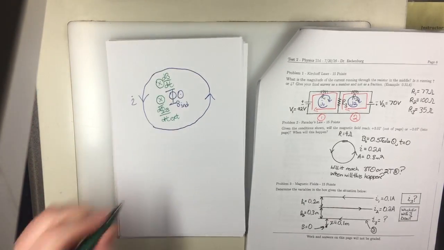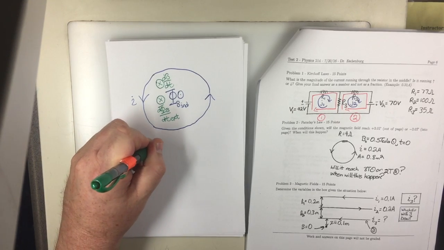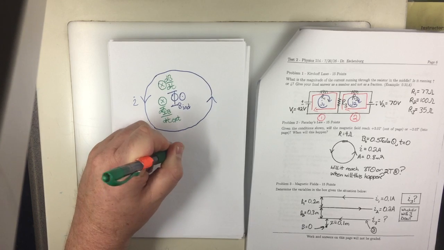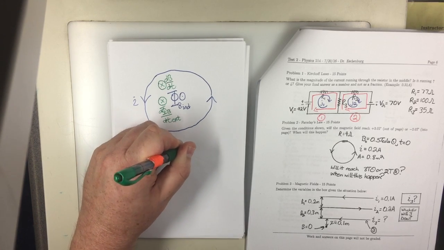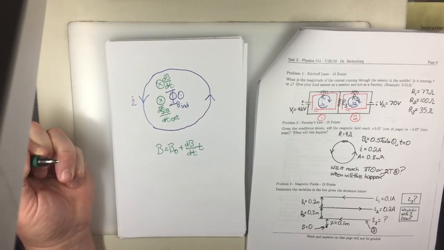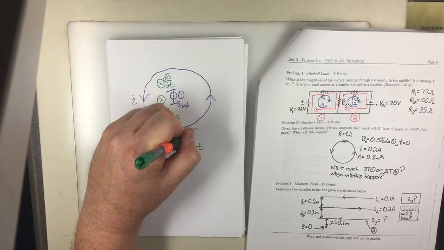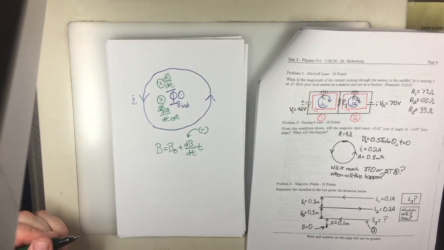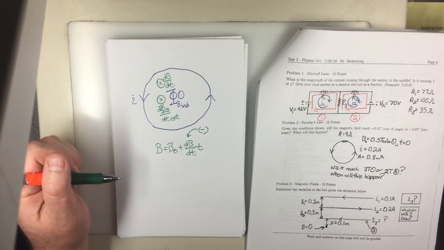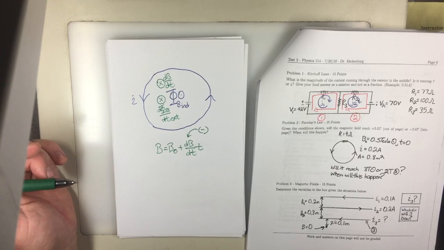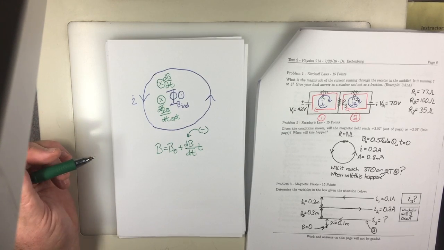And if that dB/dt is into the page, for the equation B equals B naught plus dB/dt times t, that value there is negative. So what you do is you find the magnitude, and then according to the arrangement of the currents and the fluxes and all that stuff, that determines the sign of that value.